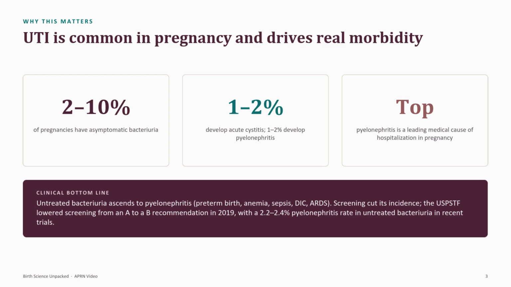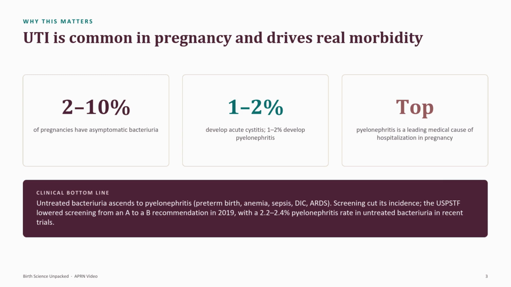Pyelonephritis peaks in the second trimester and is one of the most common medical reasons pregnant patients get hospitalized. So that is the reason to screen and treat untreated bacteriuria: pyelonephritis brings preterm birth, anemia, sepsis, disseminated intravascular coagulation, and acute respiratory distress syndrome.